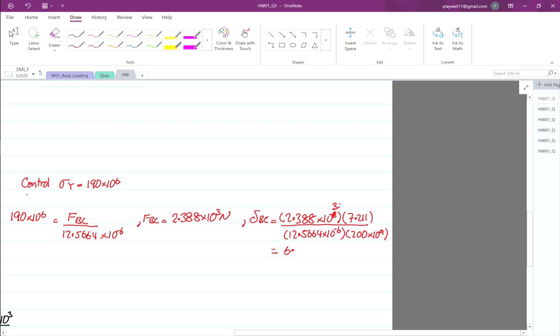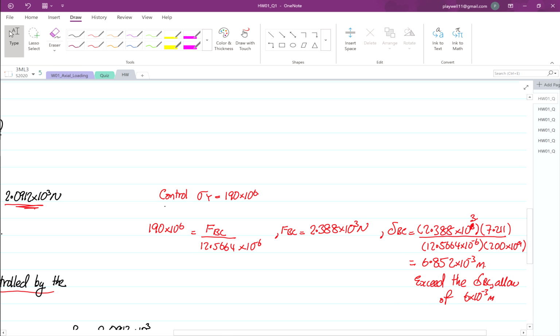So the deflection will be 2.388 times 10 to the power 3 times 7.211 divided by 12.5664 times 10 to the power minus 6, divided by 200 times 10 to the power 9. So the deflection will be 6.85852 times 10 to the power minus 3 meters, which exceeds the allowable 6 millimeters, or 6 times 10 to the power minus 3.